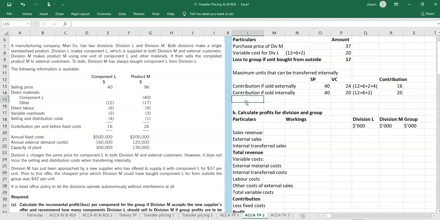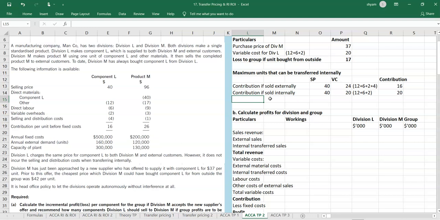Okay, so how many units they could maximum transfer? So if you see, the contribution is very good if it is transferred internally. So all the goods demanded by M. Okay, how many goods are demanded? 1,20,000 units.